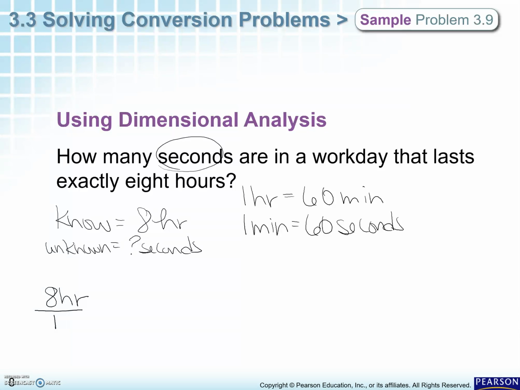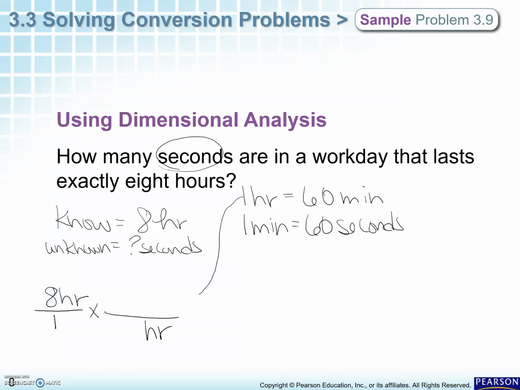So this is required on a test. You multiply by, and then you draw a line. Now to cancel out hours, if you had something on the top of a fraction, to get rid of it, you would put the same thing on the bottom of the fraction. So you'd put hours on bottom.